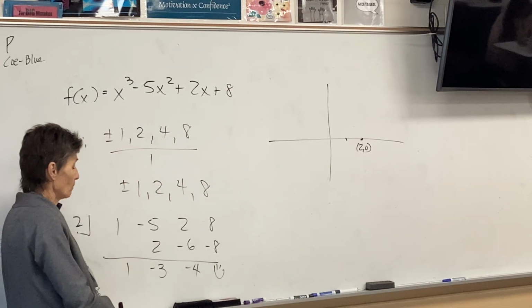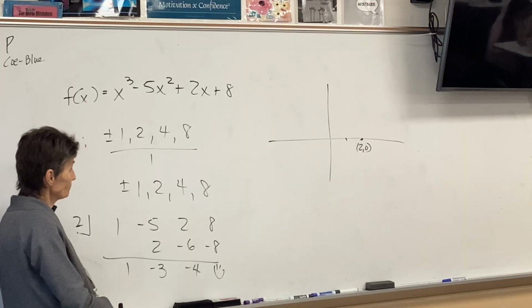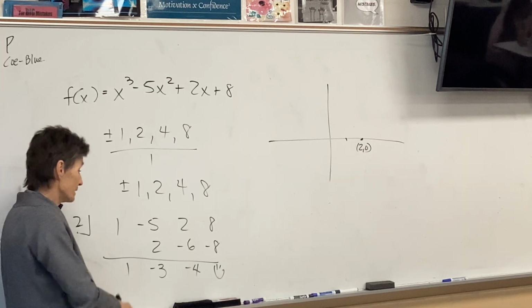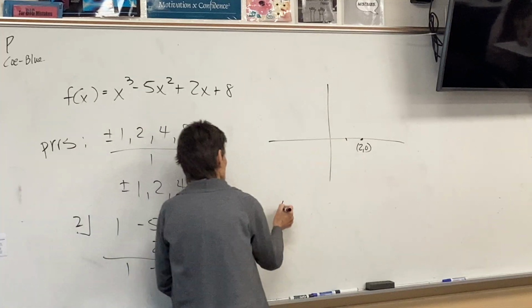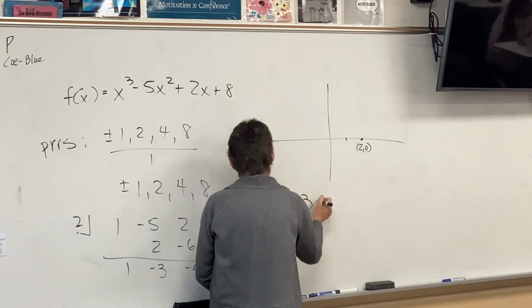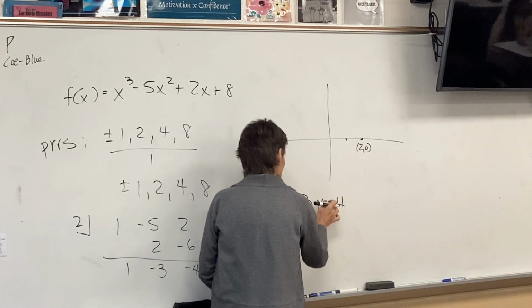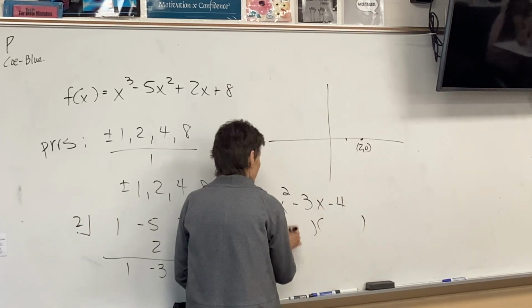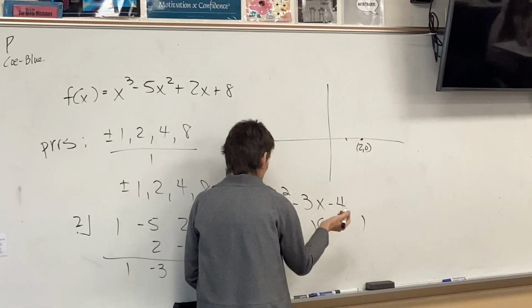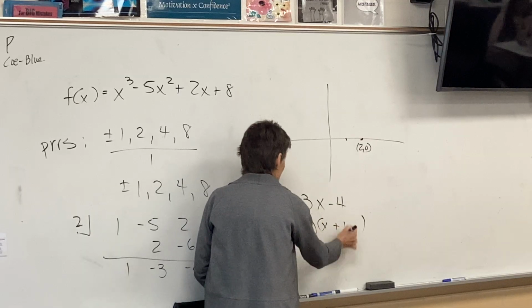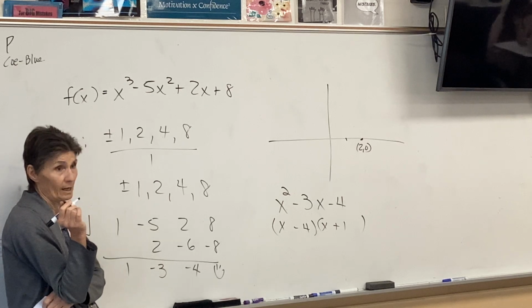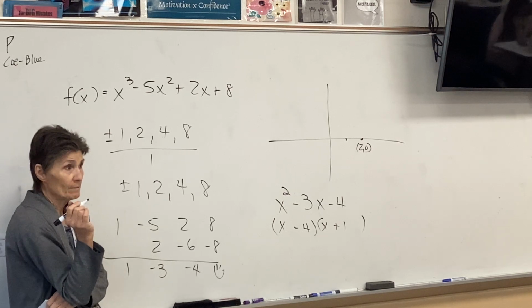Okay, what do I do now? Take what's left, which is x squared minus 3x minus 4. And this one does factor, but of course if it doesn't, we've already talked about what we do. If it doesn't factor, we use our quadratic formula, right?